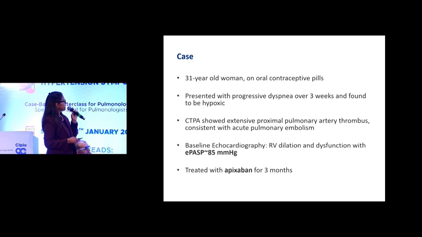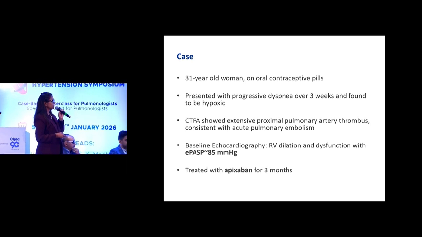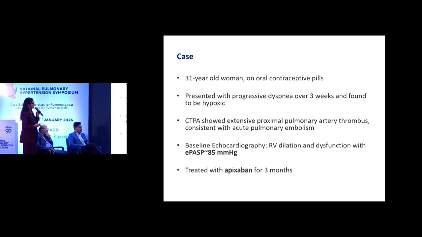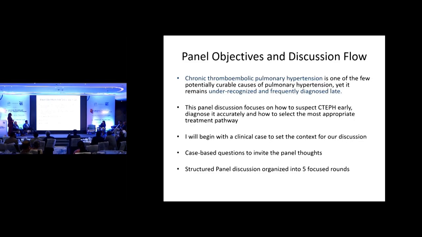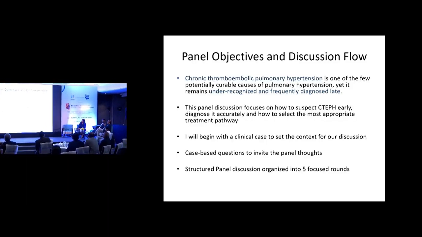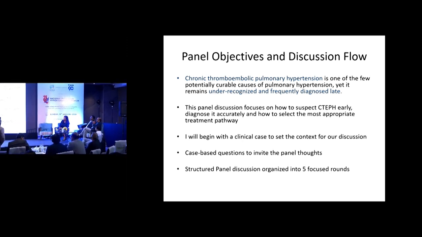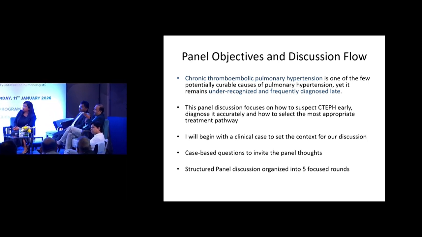So Dr. Jignesh, I'll start with you. This patient, at the time of the index acute pulmonary embolism, had markedly elevated pulmonary artery systolic pressures of around 86. Does it raise a bell? So, yeah, considering this is the first episode of pulmonary embolism, and she did not have any past history of documented embolism, such a high pressure of more than 70 or 80 usually indicates that the patient might have some underlying chronic vascular disease which was not diagnosed earlier.